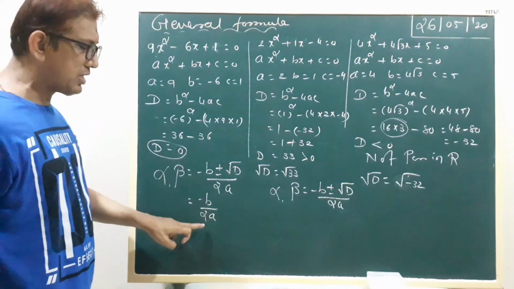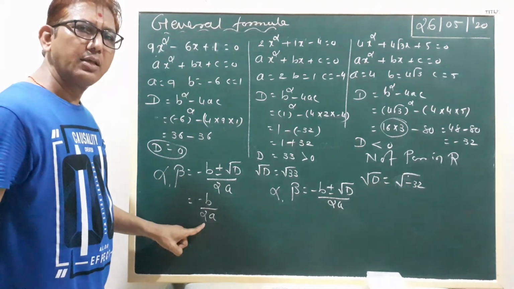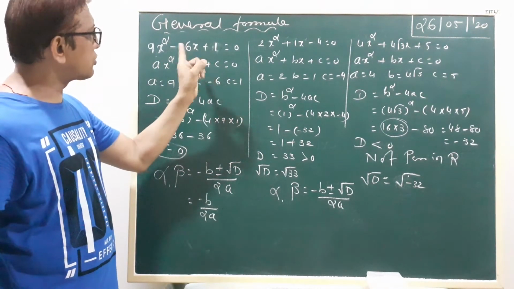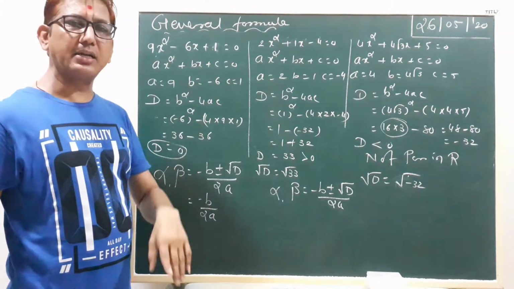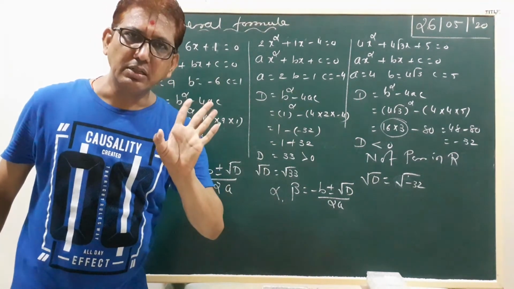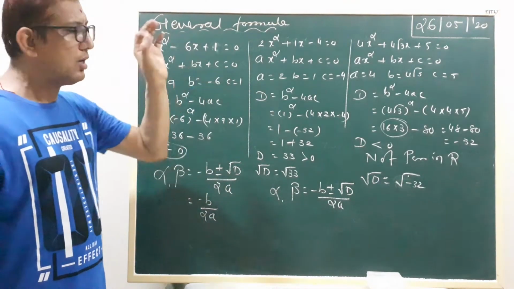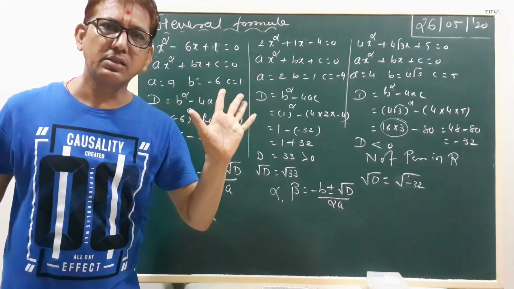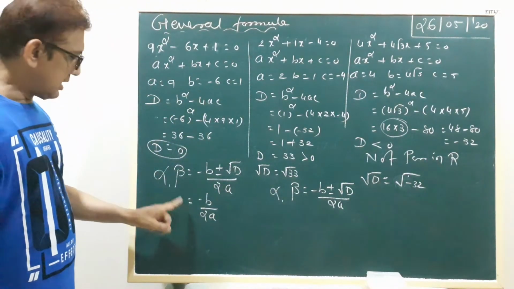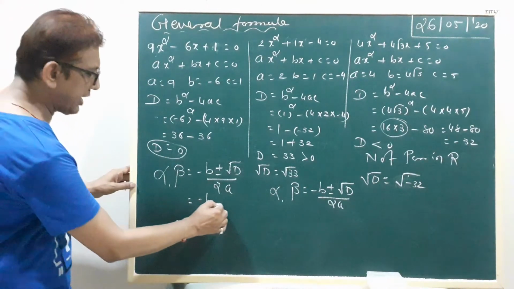Alpha is minus b upon 2a and beta is also minus b upon 2a. When we get this, we call this a perfect square. Whenever a quadratic equation is a perfect square, only one answer is possible. Clear? Alpha is this value and beta is also this value.